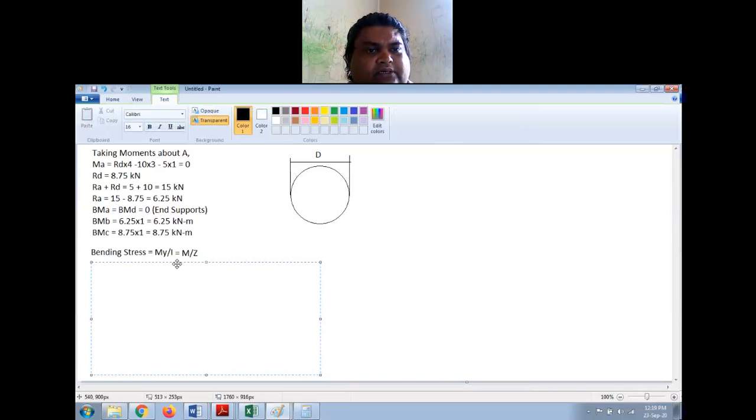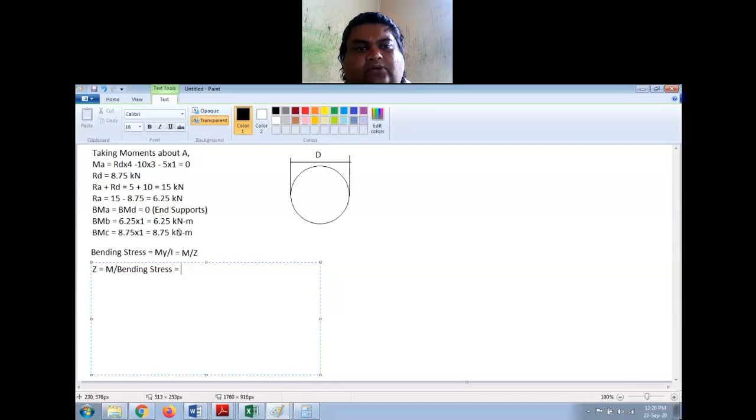So we will find the section modulus, and from that I can find the diameter. Let us find the section modulus: Z is equal to M by the bending stress. I'm not able to write sigma in Paint, so I have to write it as bending stress. Now the bending moment is 8.75 kilonewton meter, so I have to convert this into Newton millimeter.